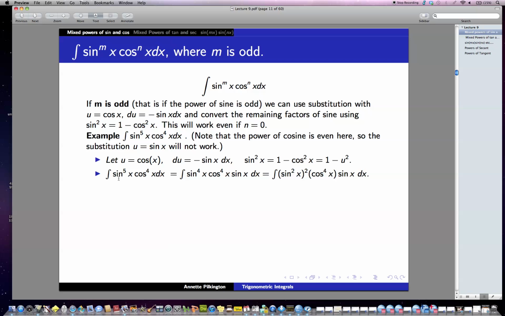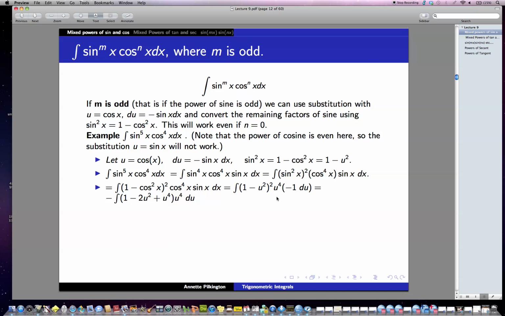The integral of sine to the 5 times cosine to the 4 is the integral of sine to the 4 times sine of x dx times cosine to the 4x. And here I'm splitting away this single power of sine to use as du. Then I have the integral of sine squared squared times cosine to the 4 times minus du.